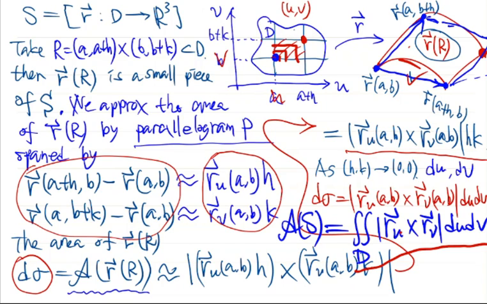So the integrand in this final integral is a real valued function of two variables, and we can consider its integral over the region D. The result is defined to be the area of the surface S. This completes the definition of surface area.